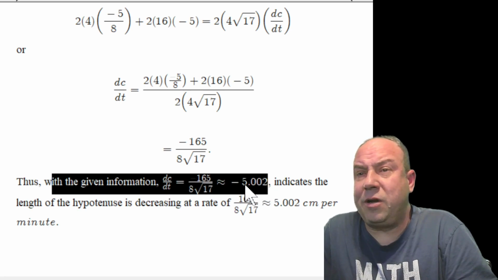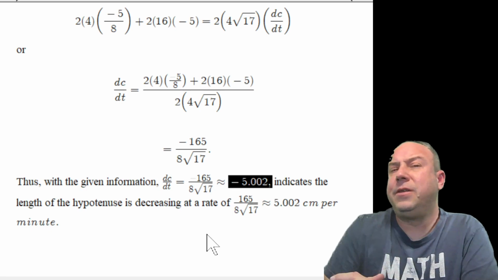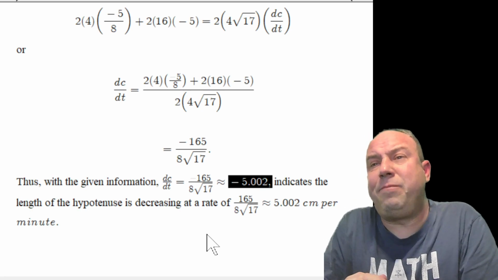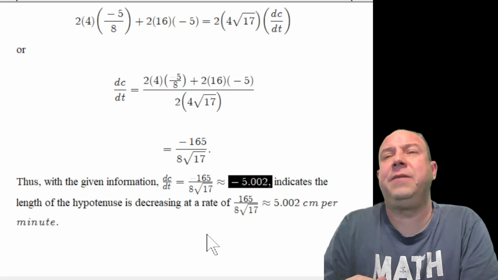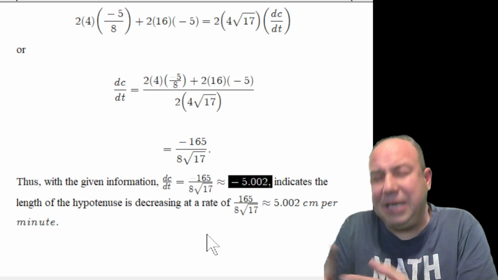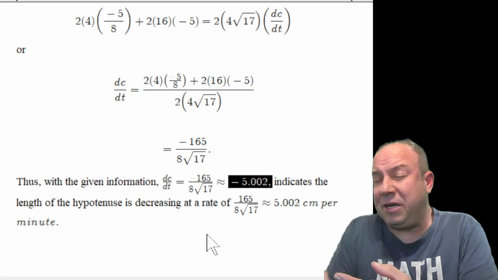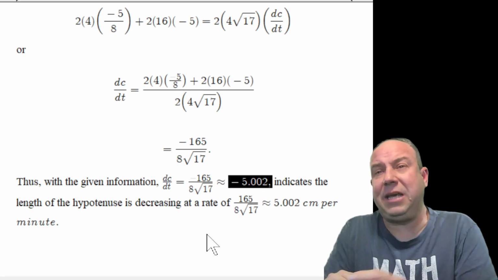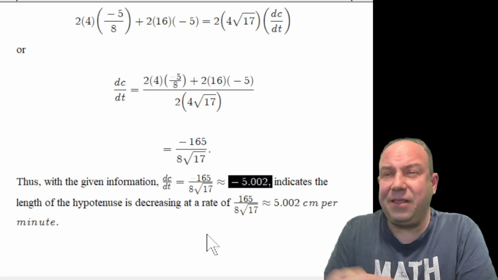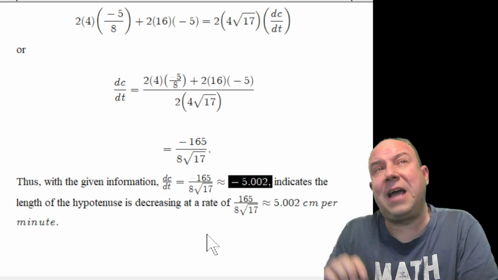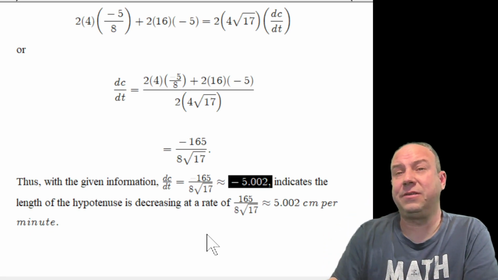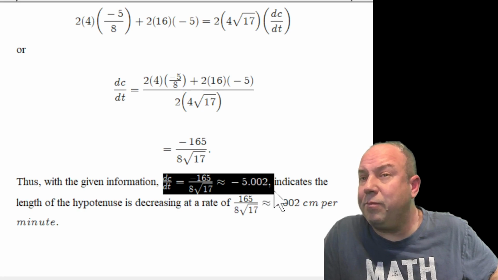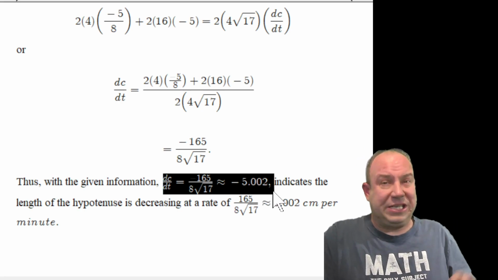If we go ahead and make that into an approximation, this would indicate that the hypotenuse is going to be decreasing at about 5.002 centimeters per minute, when side B is decreasing at 5 centimeters per minute, and side A is always the square root of side B. And this is all at the moment side B is equal to 16 centimeters. With that given information, we can solve this related rate problem for dC dt.